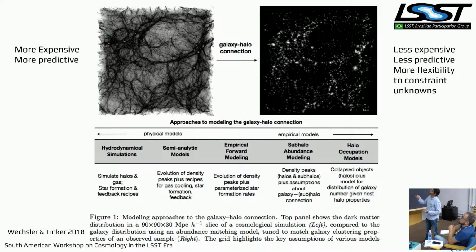But if you produce your mock catalogs from some assumed knowledge of the universe, you see how the colors or the luminosity function behave with the clustering, and you apply that to build your mock catalogs based on, for instance, halo catalogs that came from an N-body simulation, but it doesn't tell you anything about galaxy formation, right? So this will be less expensive, but of course less predictive. But it's very helpful anyway.